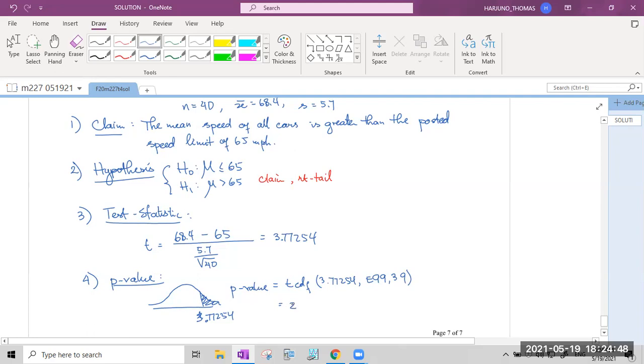It's 0.00027. On my calculator, I see 2.68 something times 10 to the negative 4. So I write it in decimal, okay? Not in scientific notation.